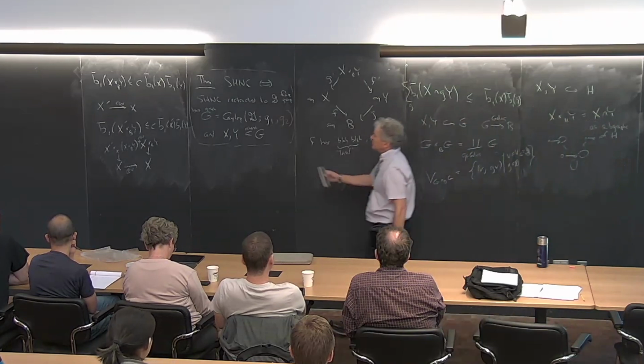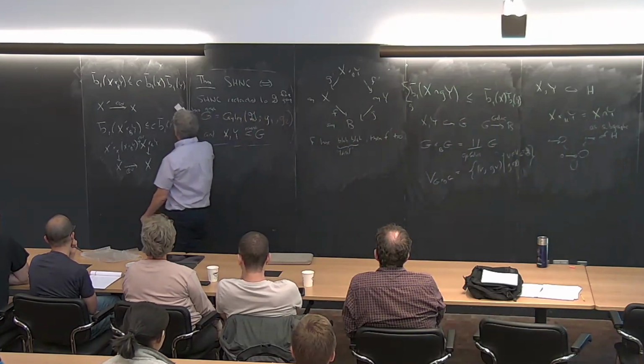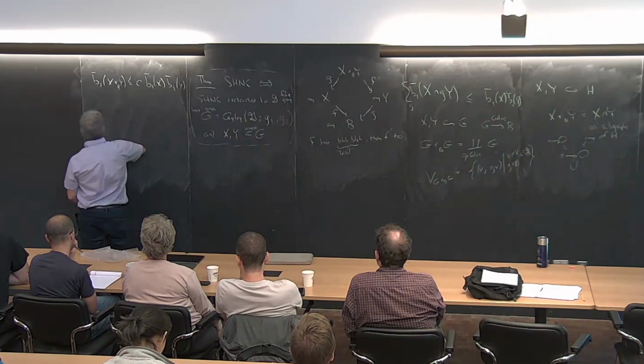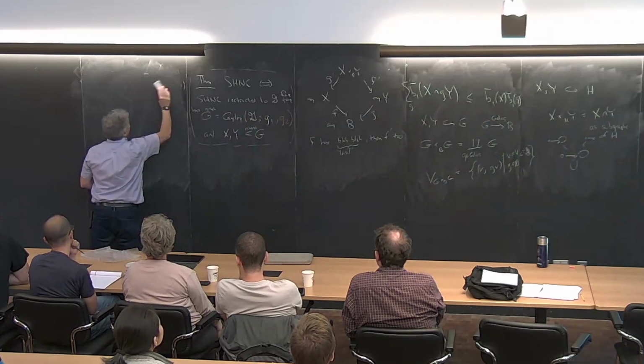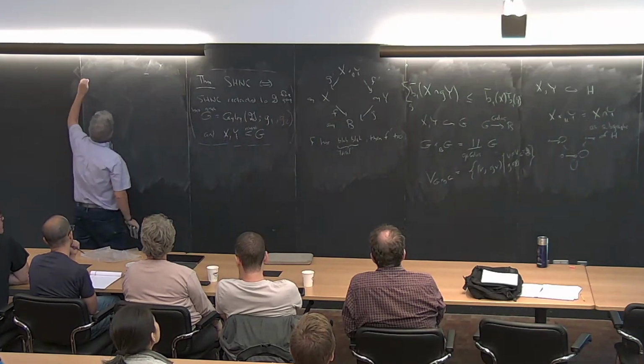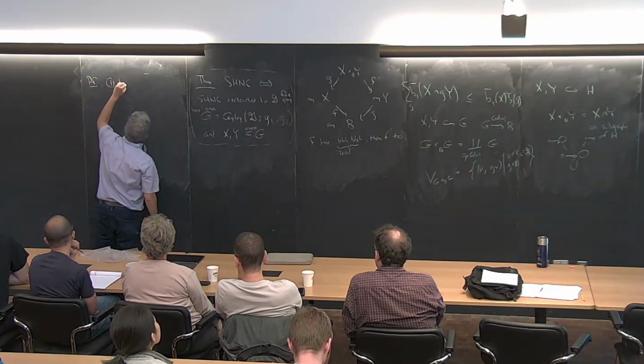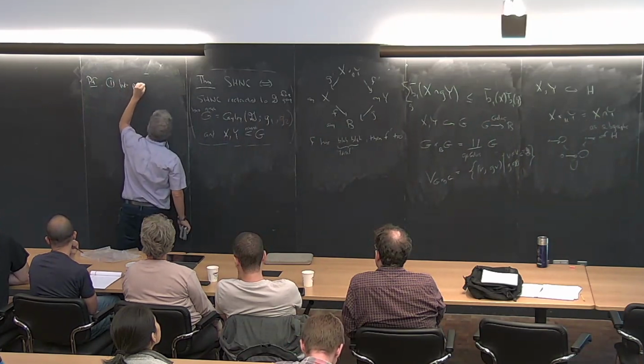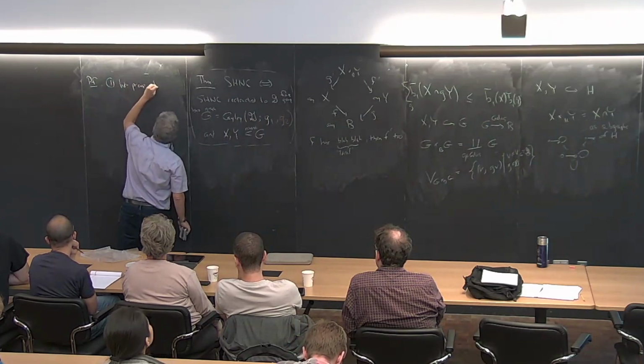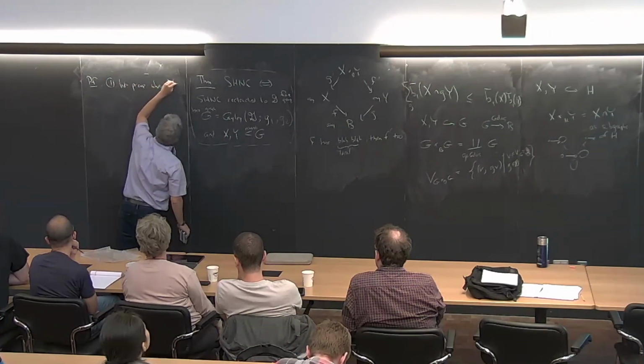Okay, so now the proof comes in two steps. First, we prove the conjecture when X is the entire graph.